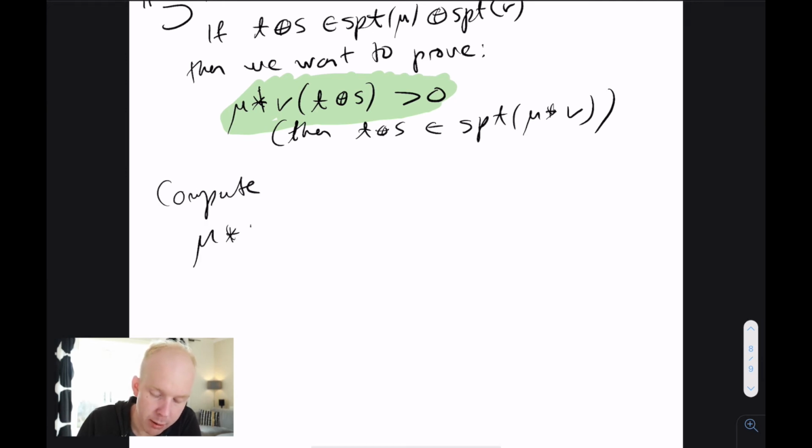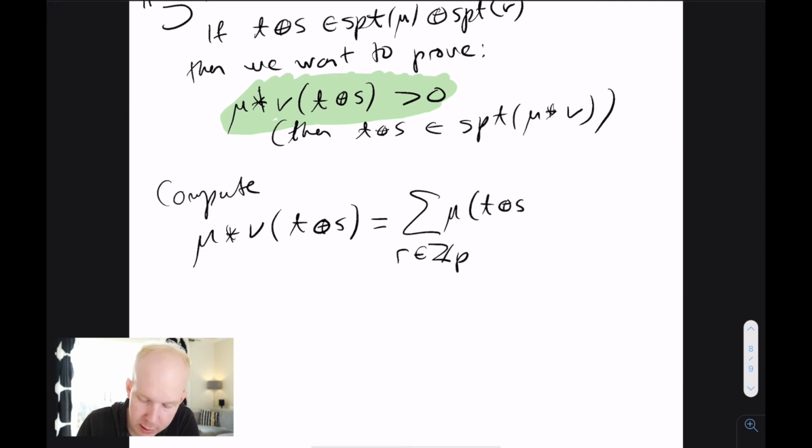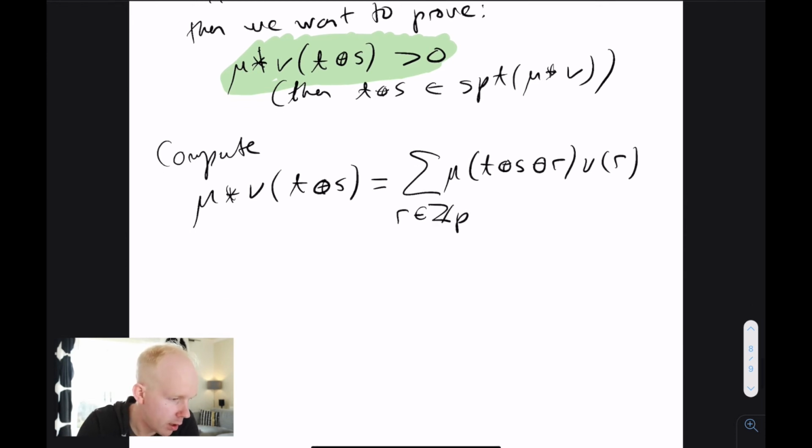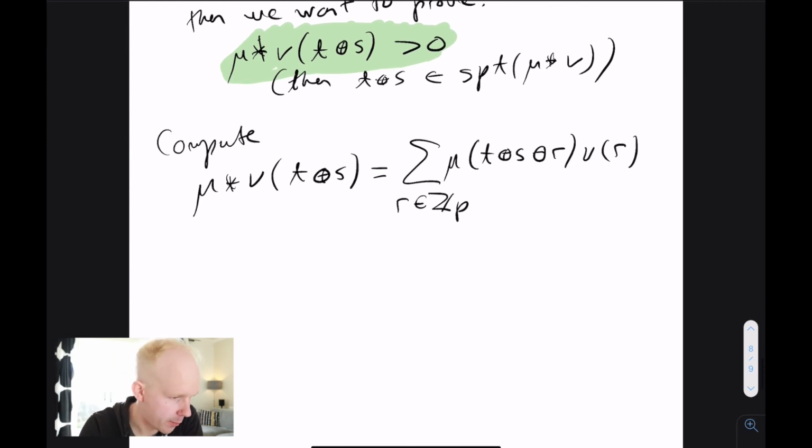We get mu star nu at this T plus S. If you open the definition of mu star nu, this is just the summation over, let's say, r in Z_p, of mu(t plus s minus r) nu(r). That's the definition.